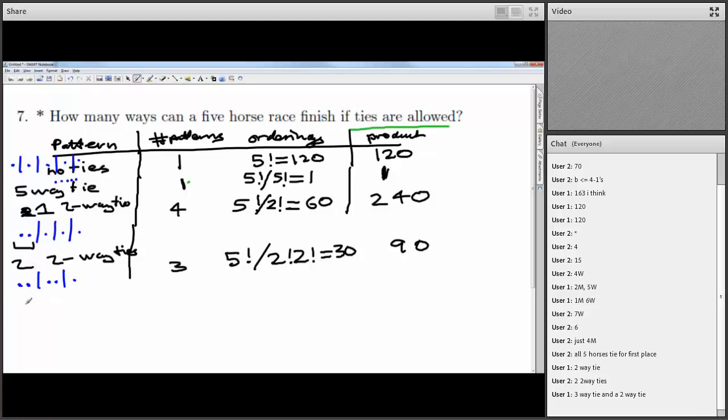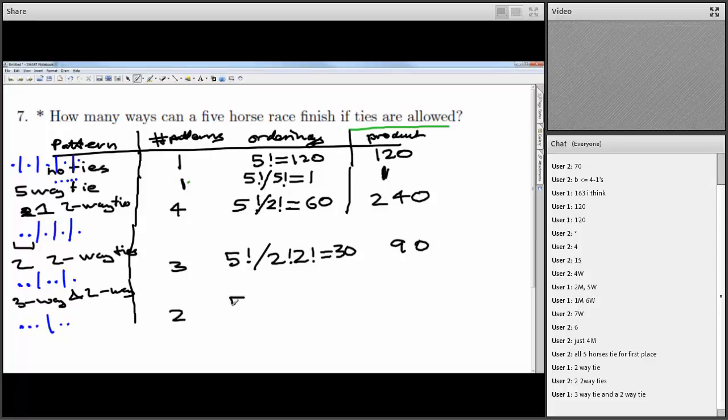Yep, you can have a full house, I guess you want to call it. So a 3-way and a 2-way tie: 1, 2, 3, and 2. You think about it, either you have the 3-way tie at the beginning or the end, so there's just going to be 2 ways of doing that.